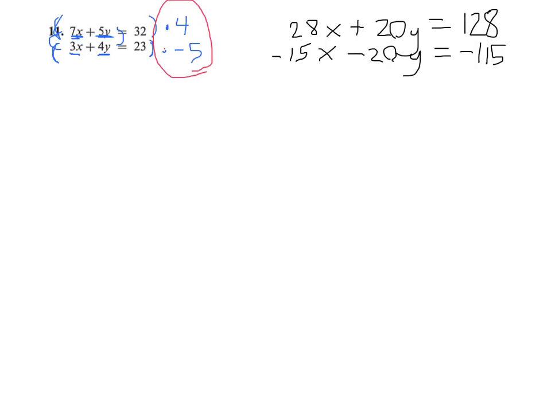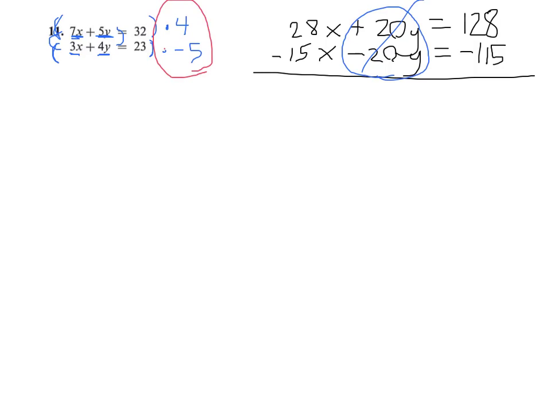All right? So now I'm going to add these together, and as you can see, I planned nicely because 20y and -20y will cancel out. That's the whole idea behind this elimination, is you want to get either your x's to be the same or your y's, so when you add them together, they cancel out. All right?